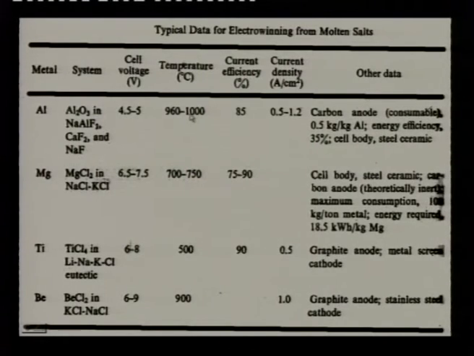At higher temperatures, your current efficiencies suffer, because other kinds of reaction can take place. Your energy efficiency would be lower. Many other data we have given, but you will see in all cases the supporting electrolyte which dissolves the solute is never a single salt, mostly it is a salt mixture. Incidentally, the supporting electrolyte, the salt mixture, has to be more stable than the solute, otherwise something else will get electrolyzed from that supporting electrolyte.